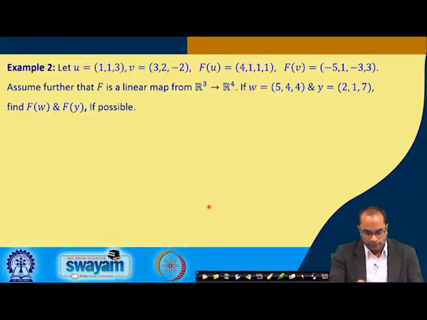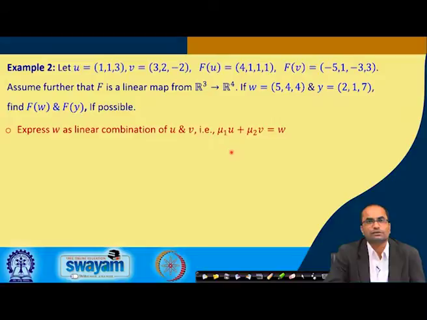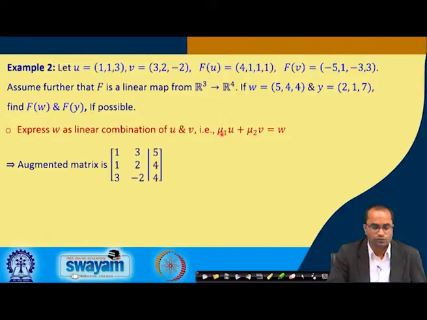So, let us try now to express w as a linear combination of u and v. That means w can be written as mu 1 u plus mu 2 v for some scalars mu 1 and mu 2. To do so, we have to again form the augmented matrix to solve this system of equations for mu 1 and mu 2.